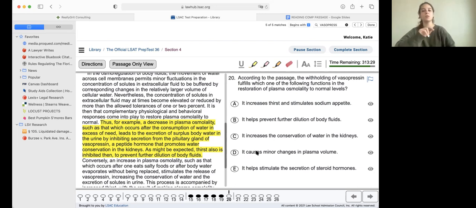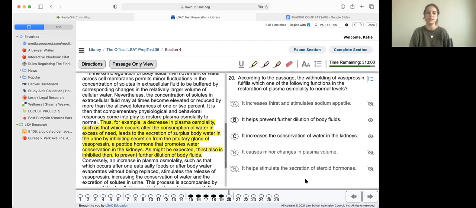So between B and C, which one is explicitly said in the passage? Okay, you guys are seeing it.